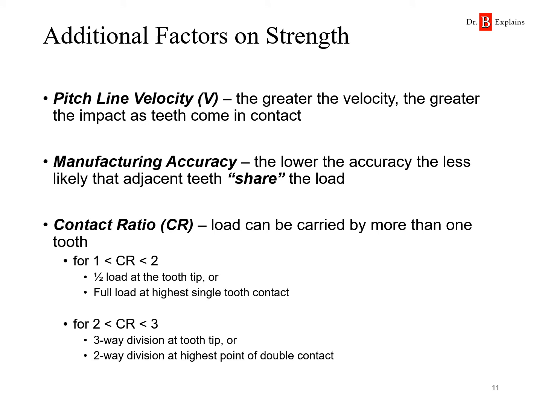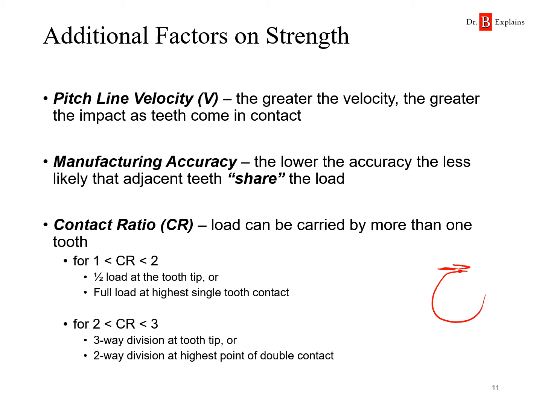Again, pitch line velocity is anytime you have a gear and it's rotating, how fast that point is moving. Of course, the greater the velocity, the greater the impact as teeth come in contact. Remember the equations for the impact factor. One was in terms of drop height, and then the other one was in terms of velocity. So higher velocities lead to higher impact. We need to capture that, and we will in a little bit.